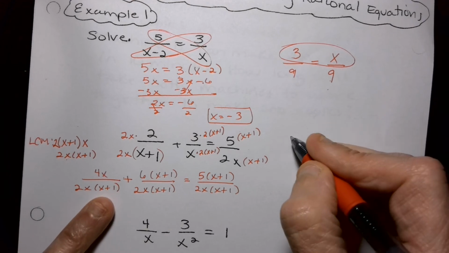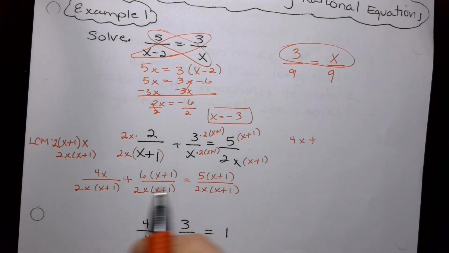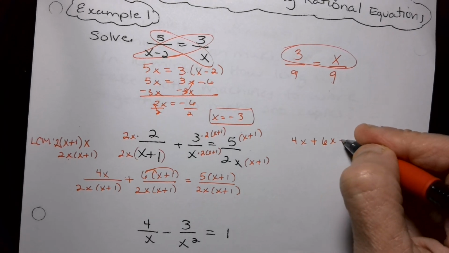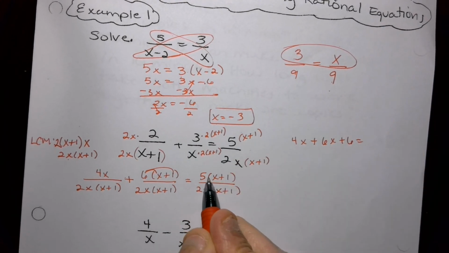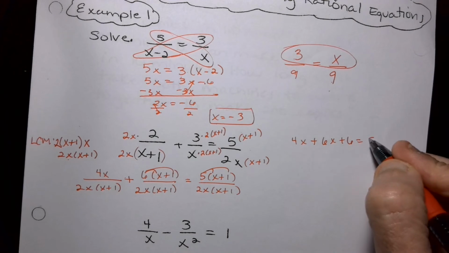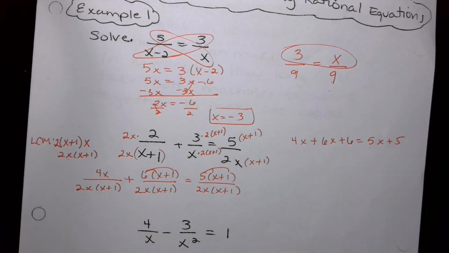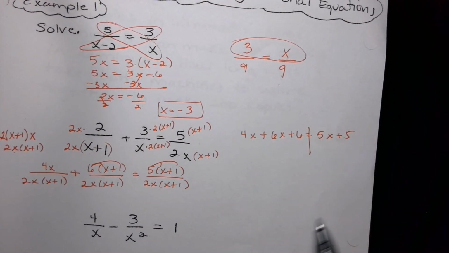So I can go up here and do 4x plus, and I'm going to distribute this 6 through to both: 6x plus 6 equals, distribute that, 5x plus 5. Combine like terms.